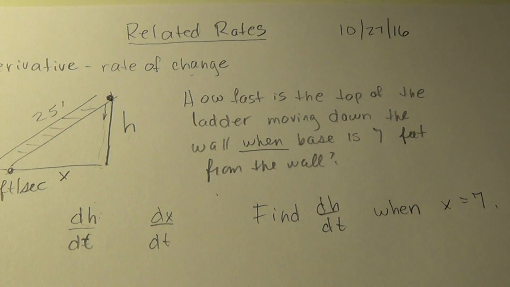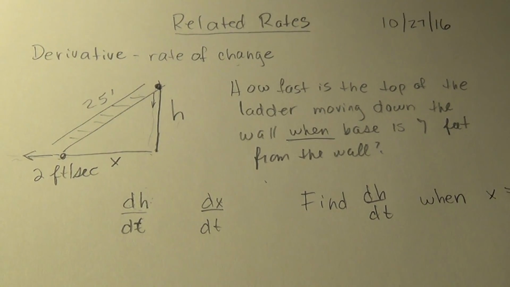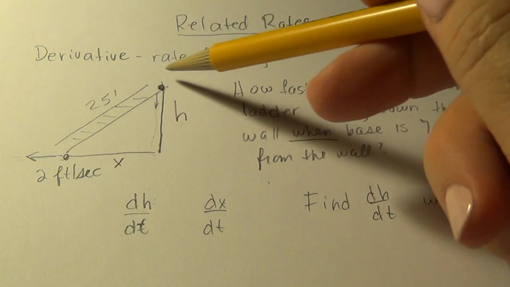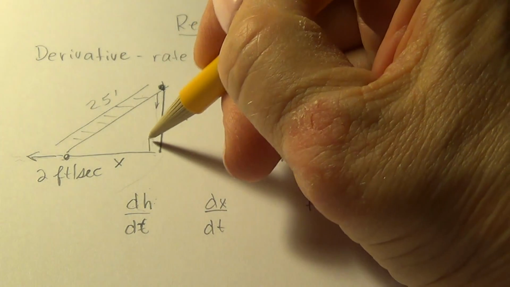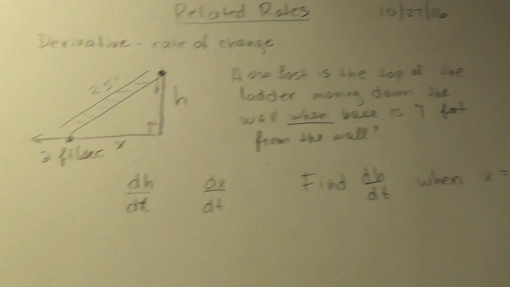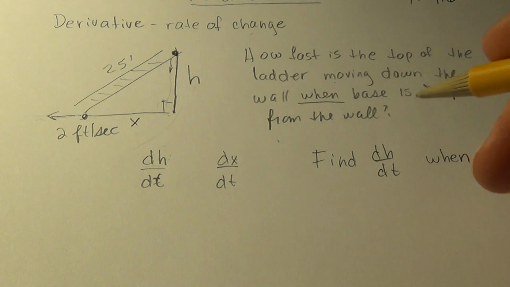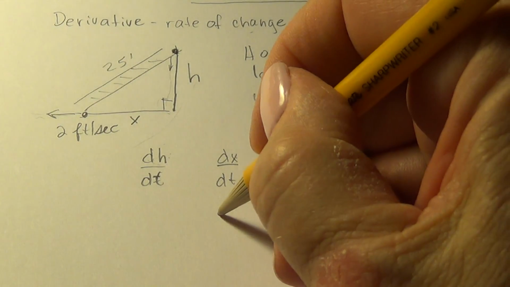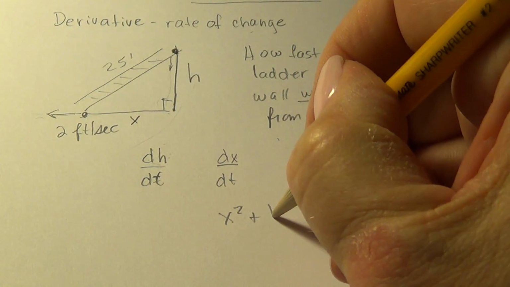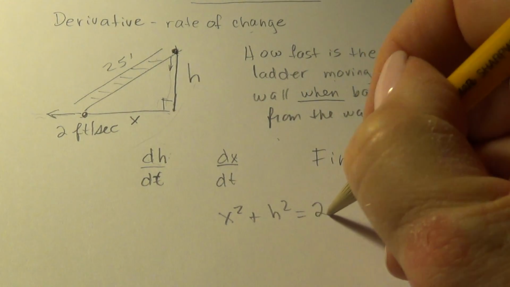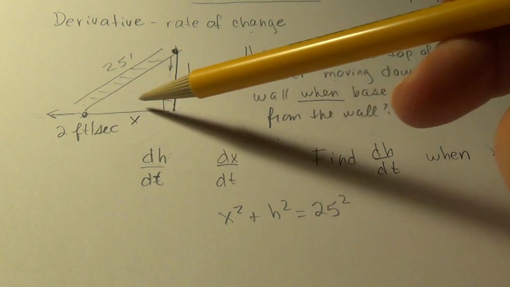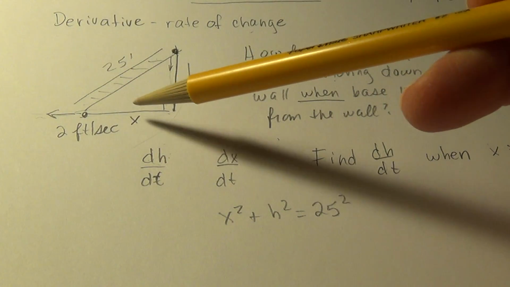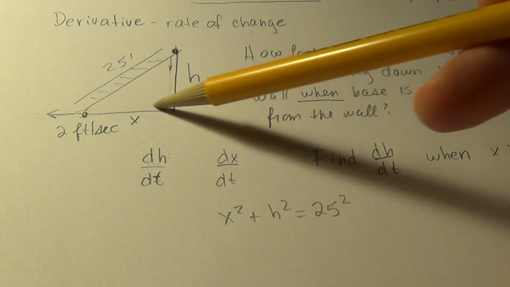The first step is to find a formula or an equation that relates the variables. Since we're assuming this wall is perpendicular to the ground, we will use the Pythagorean relationship. That will tell us that x squared plus h squared equals 25 squared. Now you may say, why don't you put in 7? Because this question is asking about the situation when x is 7.